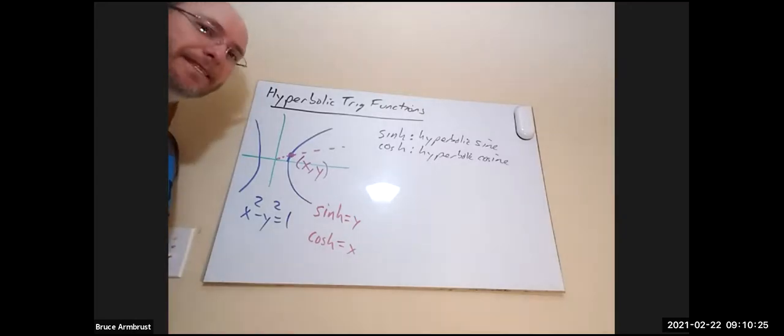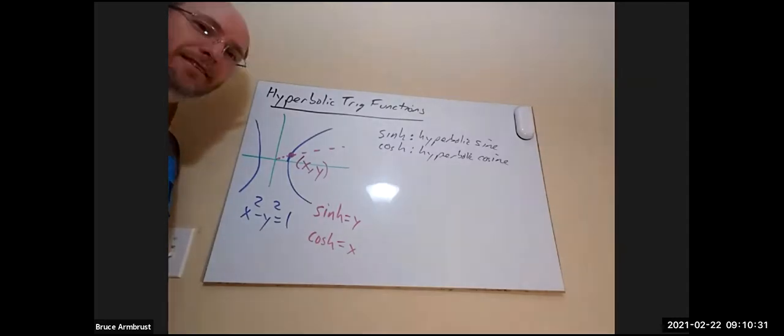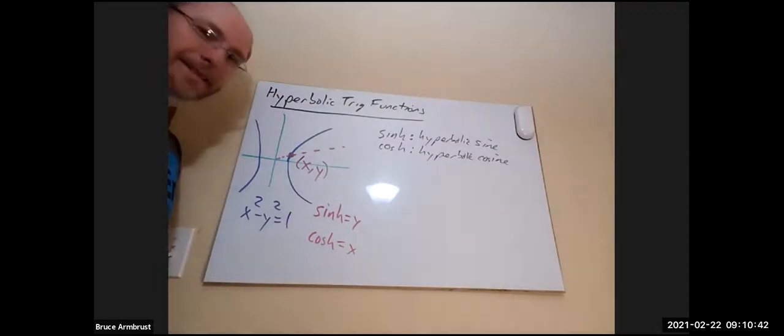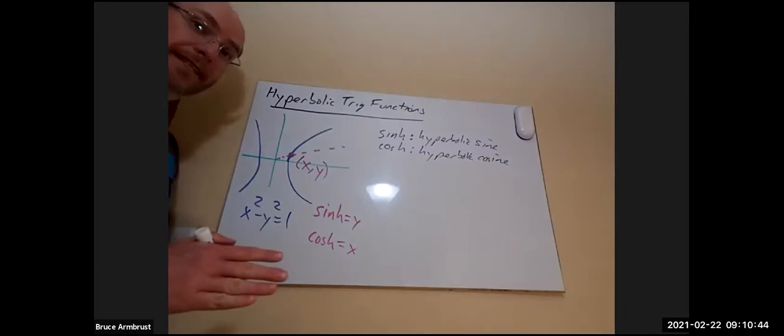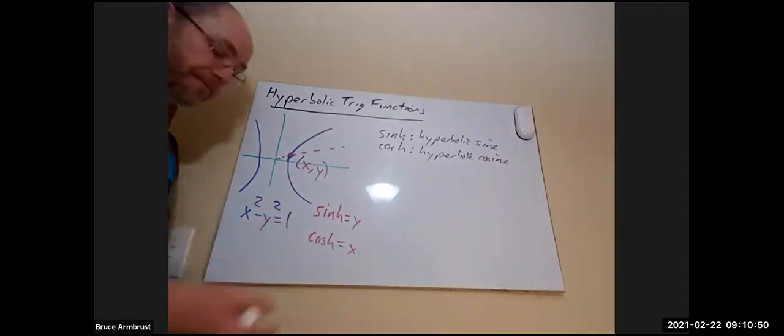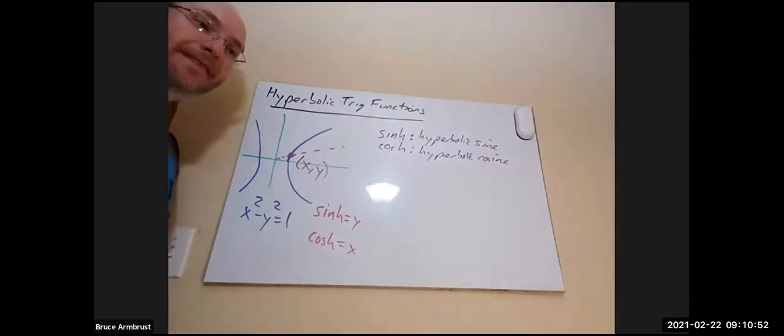There's also a hyperbolic tangent. Guess how you get that? That's pretty obvious. Tangent is sine over cosine, so hyperbolic tangent is hyperbolic sine over hyperbolic cosine. And there's going to be a hyperbolic secant and a hyperbolic cosecant and all. Okay, so all these things exist, and they all follow the same kind of structure as before. All right, but we have names for them.